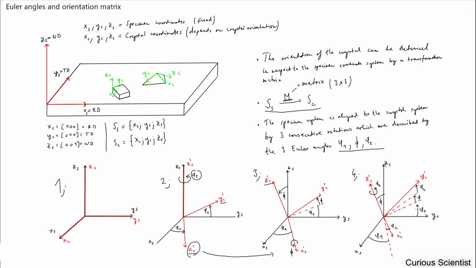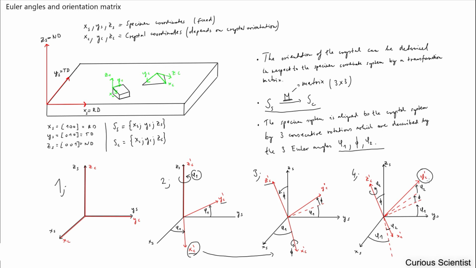First we had the phi 1, and that happened in the same plane, and then we moved out of the plane with the capital phi, and then again with the phi 2. So the final position of the y prime is here.